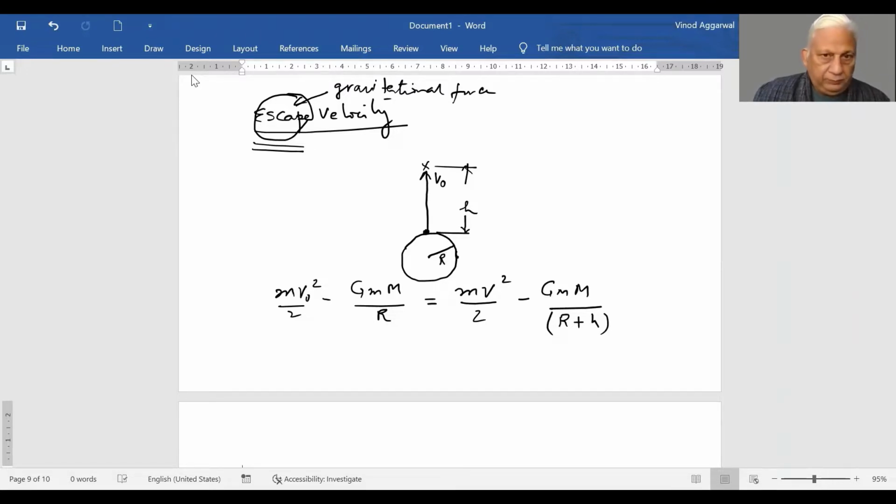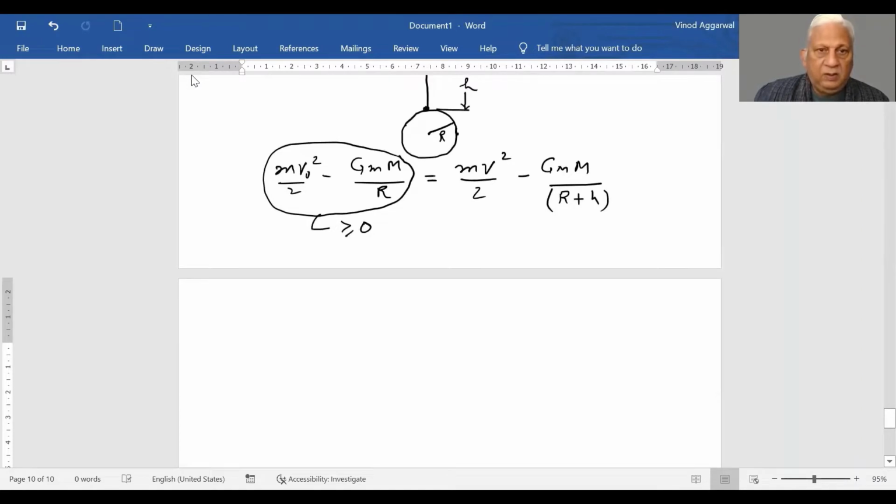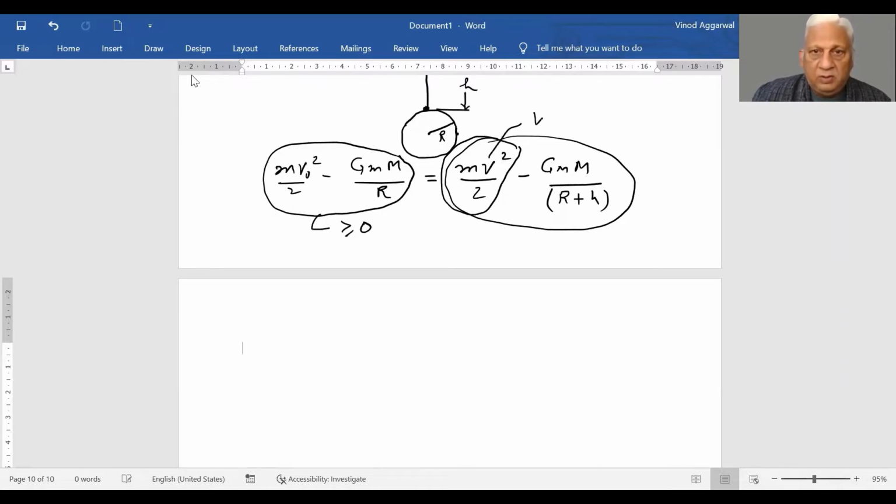Now, suppose this term is greater than 0. If this is greater than or equal to 0, then obviously this term will be positive. This term being positive means u is greater than 0.